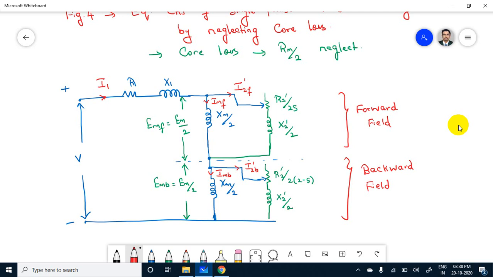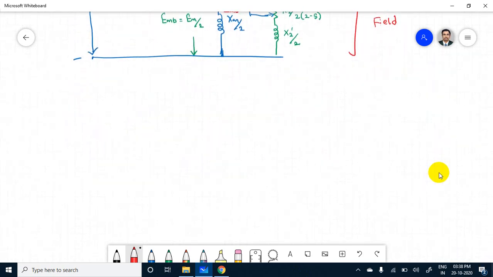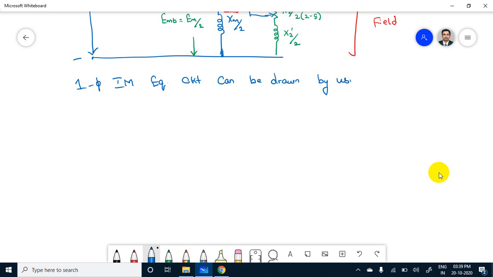Now I am going to explain how to draw the equivalent circuit for testing conditions, in terms of no load and blocked rotor. Okay, the single phase induction motor equivalent circuit can be drawn by using two tests.